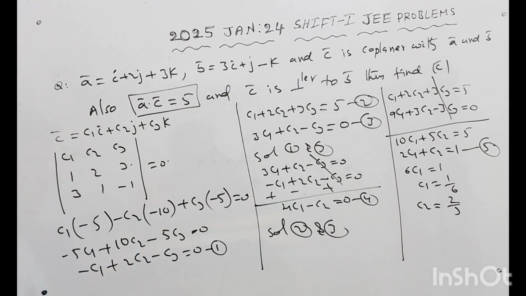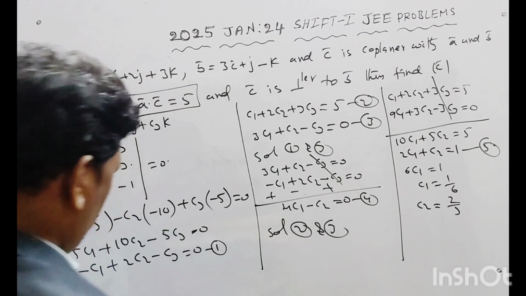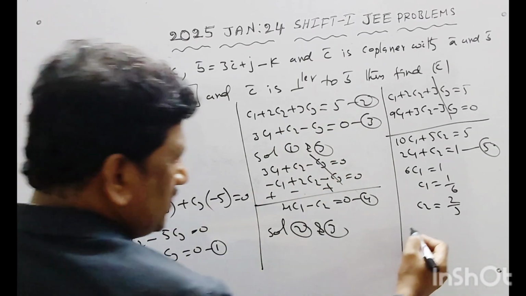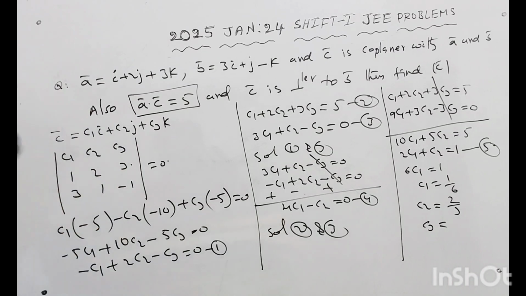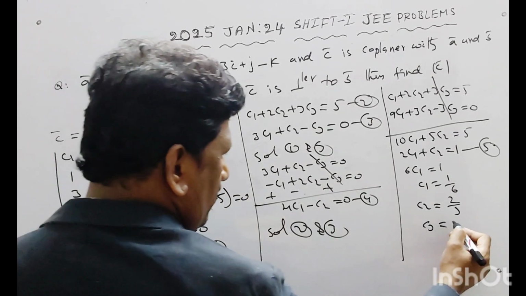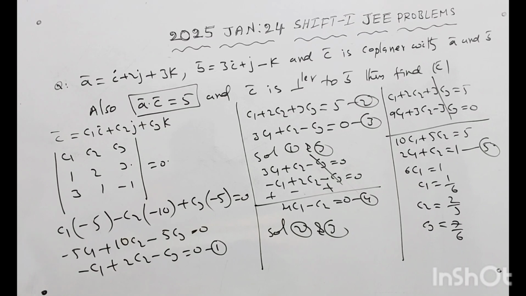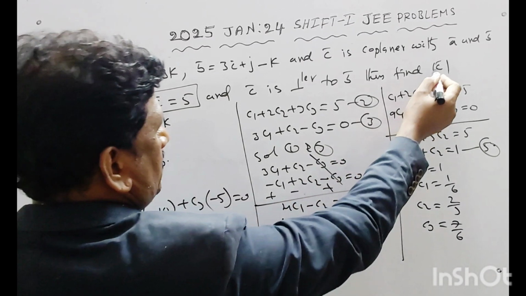Then keep the C1 and C2 values in equation 1, 2 or 3 to get the C3 value. The value of C3 is 7 by 6 after substitution of C1 and C2 values. Then we should find the length of the vector C bar.